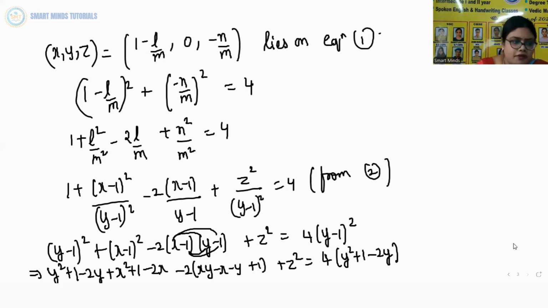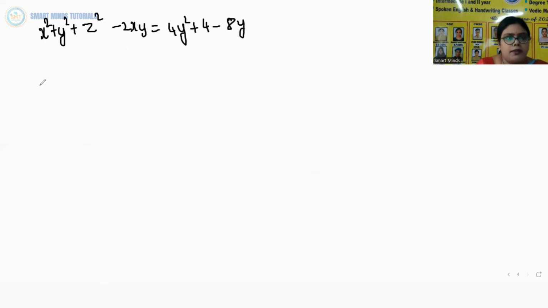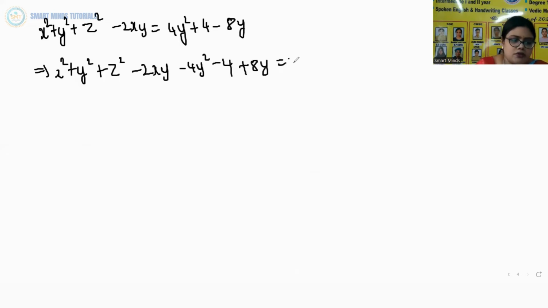Now we simplify it further. So we get x square plus y square plus z square minus 2xy is equal to 4y square plus 4 minus 8y. Now we bring all terms one side. So x square plus y square plus z square minus 2xy minus 4y square minus 4 plus 8y is equal to 0.